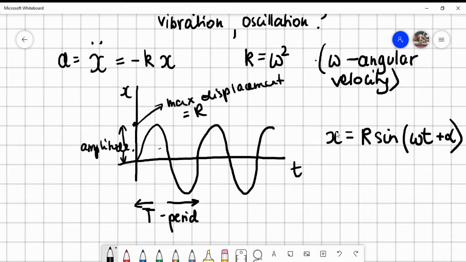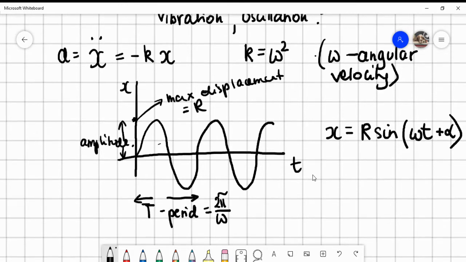The period normally is 2 pi, but because we have multiplied our little t by omega, it's going to be omega times as fast. So if omega was 2, it would be twice as fast. So we shorten the period of 2 pi by omega. So that's the period of our movement.